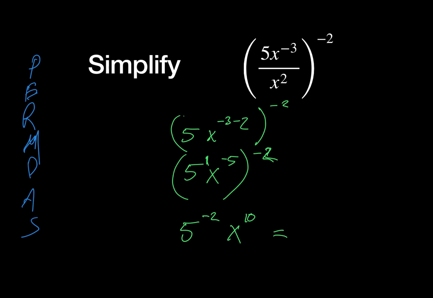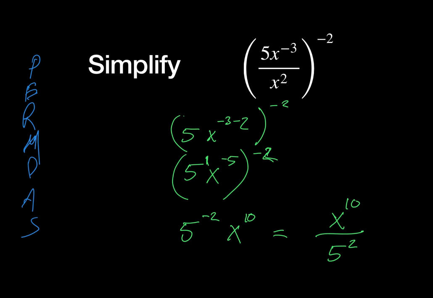X to the 10th is already a positive exponent. It will be x to the 10th. 5 to the negative 2, negative means I need to move it to the denominator. And when I do, negative exponents, when you flip it to the other side, become positive exponents.